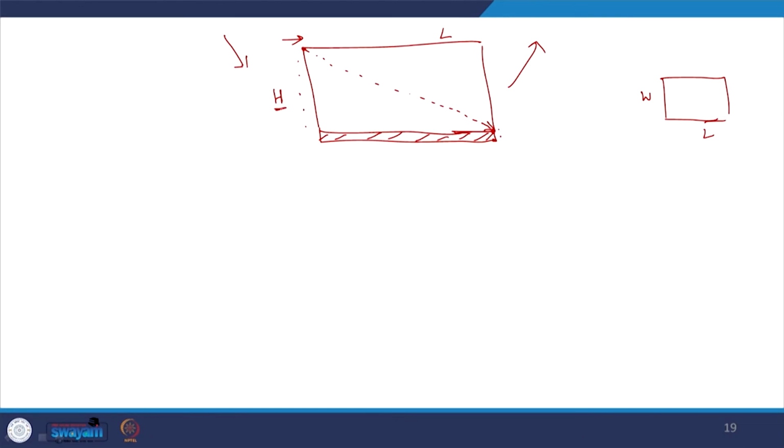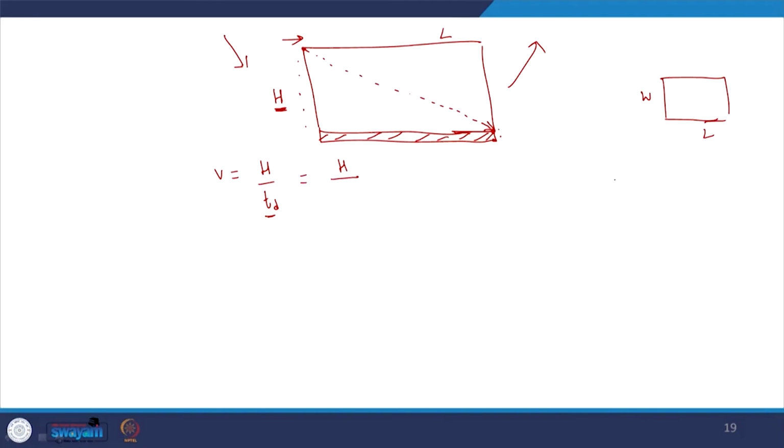It needs to traverse a distance of h during the time that this water or particle stays in this tank. So, the velocity is h by time of detention. But what is h? h is the height, and what is this time of detention? How will I get that?